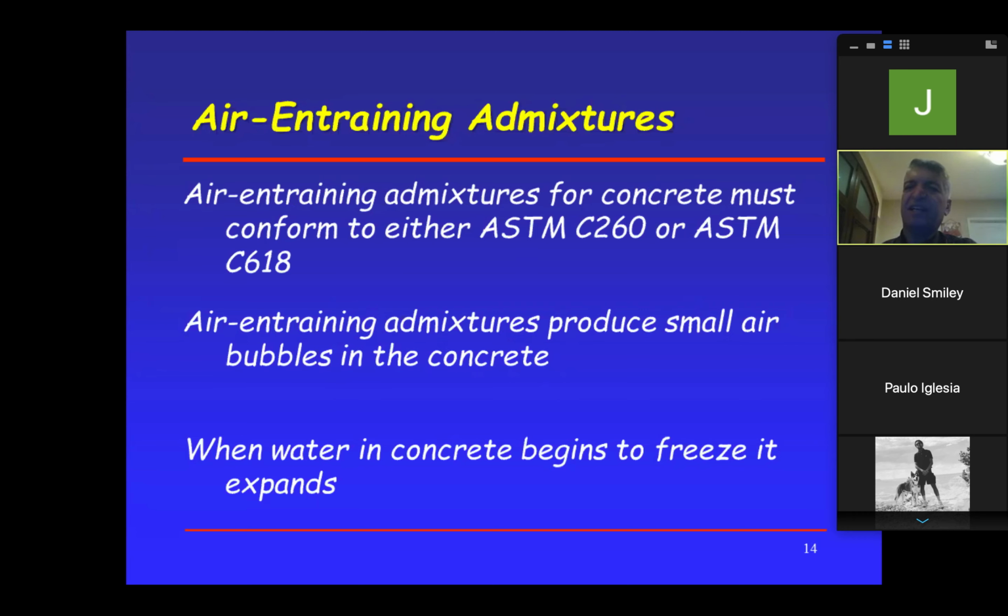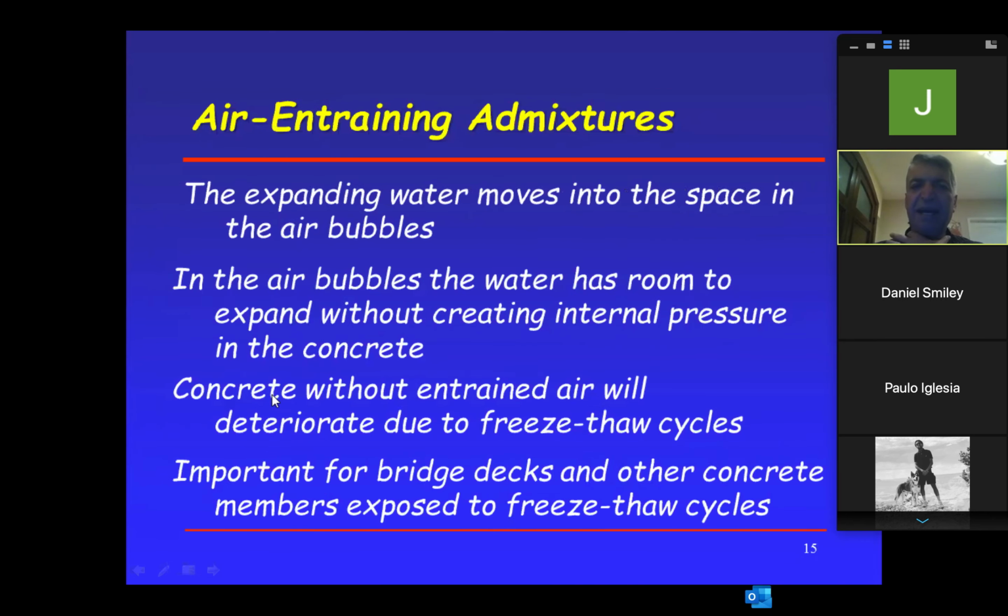All right, that's why. Air entraining admixtures produce small air bubbles in the concrete. When water in concrete begins to freeze, it expands. The expanding water moves into the space in the air bubbles. So we're just creating a space for that to move into. In the air bubbles, the water has room to expand without creating internal pressures in the concrete.